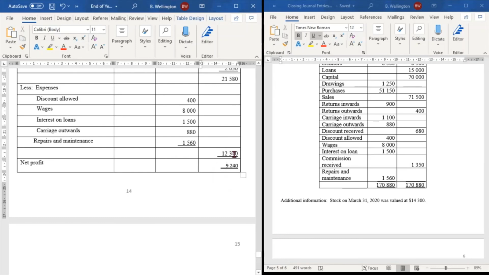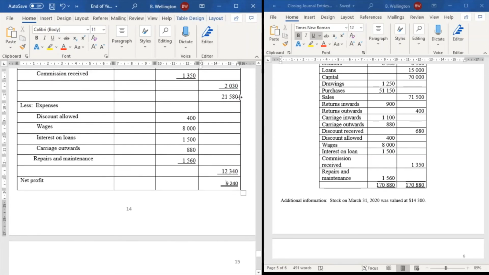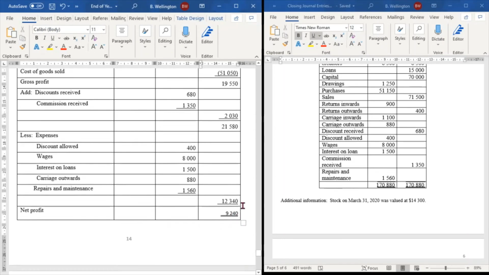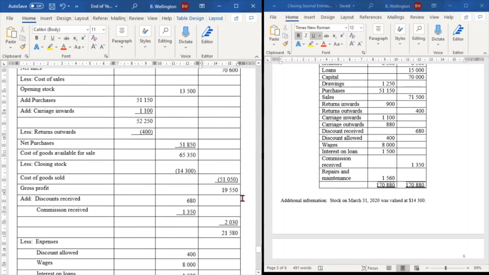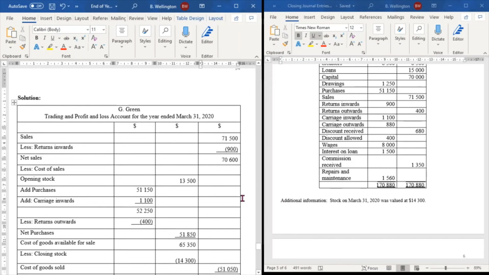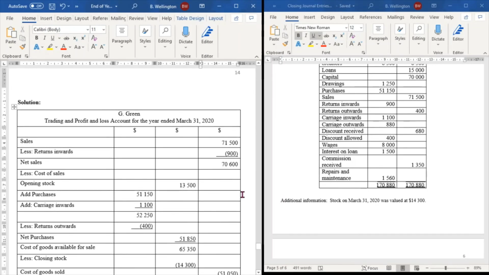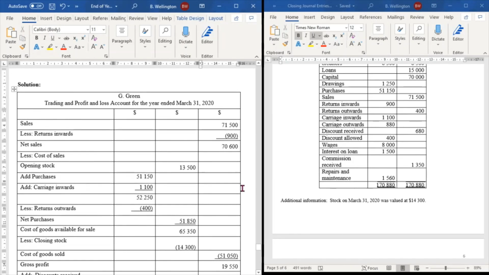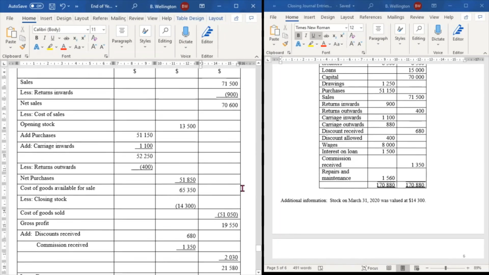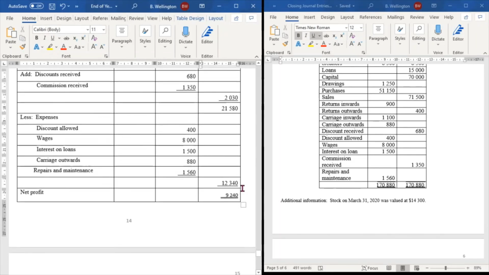And when we take the total expenses from the gross profit, we're left with 9,240 net profit. So there it is. That's your trading and profit and loss account for George Green for the year ended March 31, 2020.